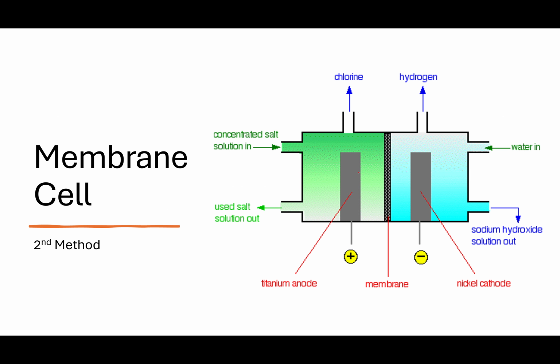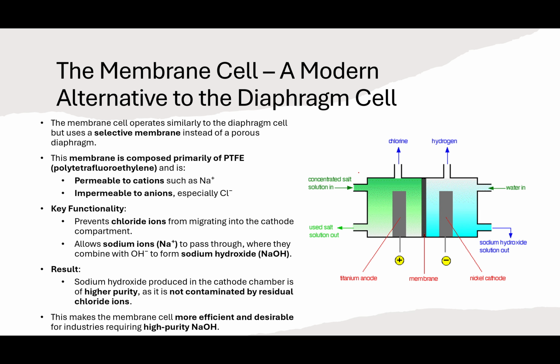Alright, so lovely. The membrane cell. Now this looks a little bit interesting. Let's have a look at what's happening here. So the membrane cell is a modern alternative to the diaphragm cell.